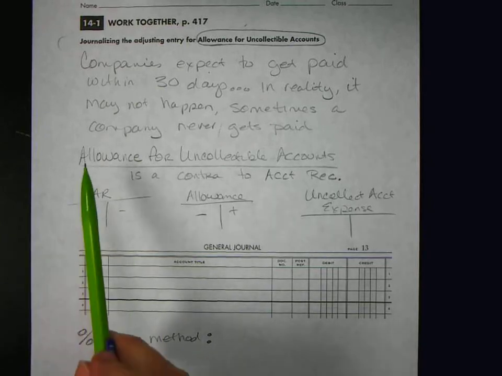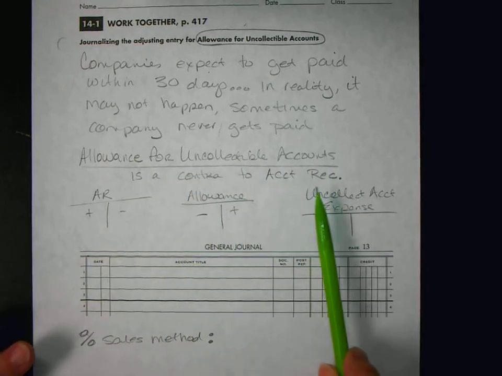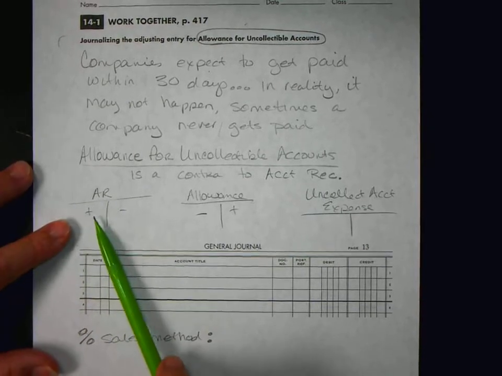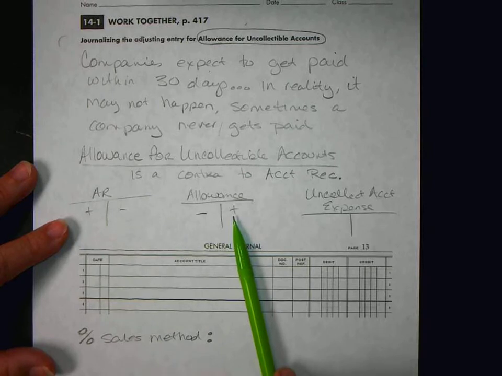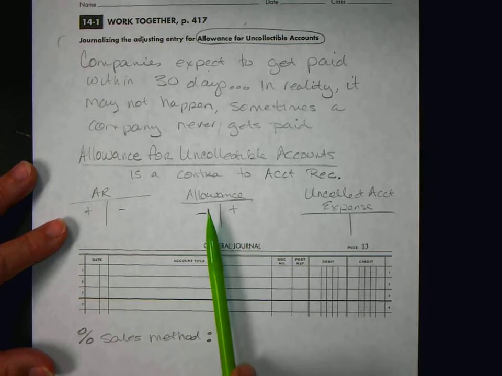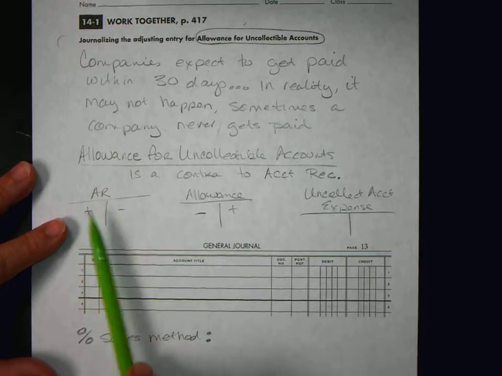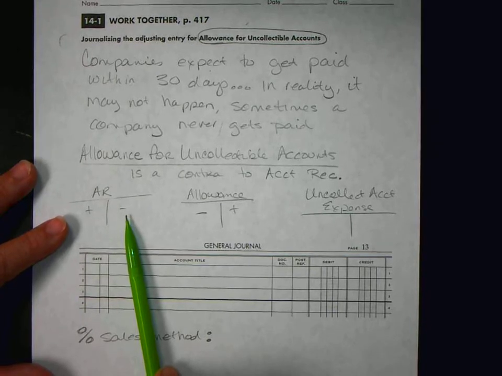So we have an account called an allowance for uncollectible accounts. And it's a contra to accounts receivable. Because if everything that we receive from people is accounts receivable, the allowance is reducing that because we don't think we're going to get it. So when we say contra, we mean opposite. Right? Here's your plus, here's your minus. That's normal balance because it's an asset.